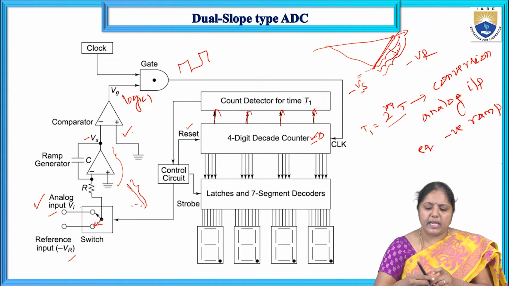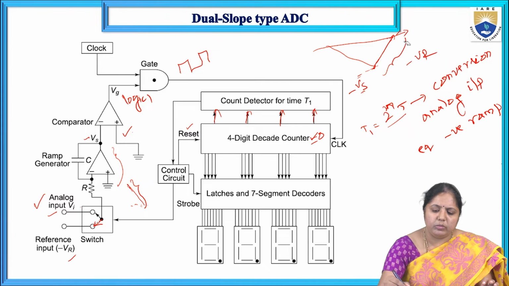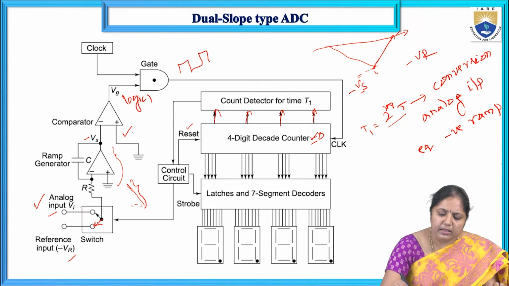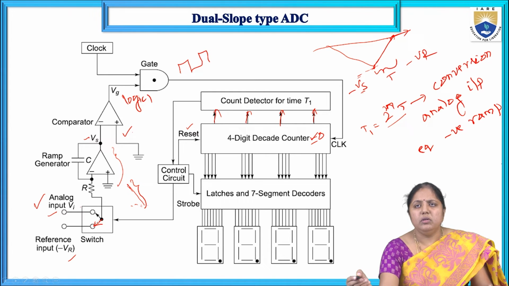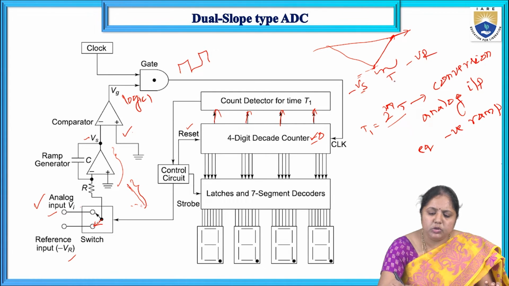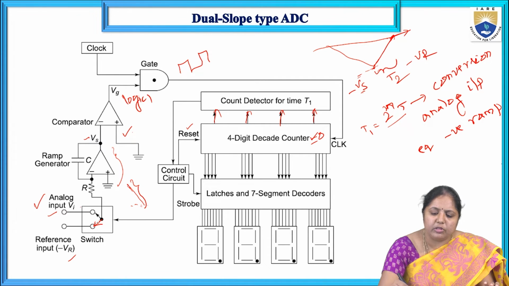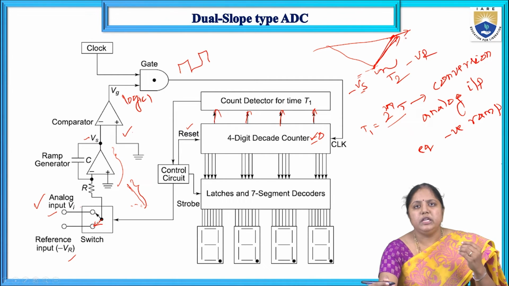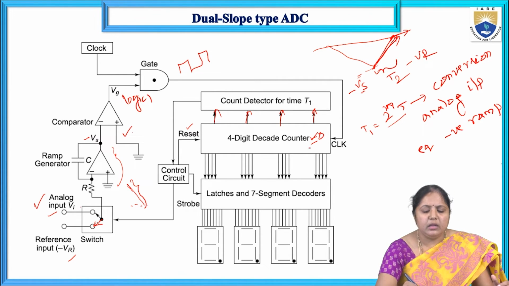How much time is taken by the circuit to bring the previous integrated value from the negative slope towards the 0th value like this. Whatever the time duration it takes to bring this signal back to the original value, with the positive slope going on, the duration can be counted by the counter.